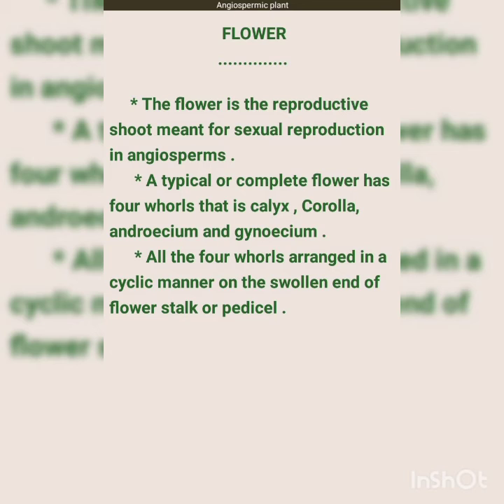That means calyx, corolla, androecium and gynoecium. Calyx and corolla are accessory parts, and androecium and gynoecium are reproductive parts. If all the 4 whorls are present, that flower is called a complete flower. All the 4 whorls are arranged in a cyclic manner on the swollen end of the flower stalk or pedicel.